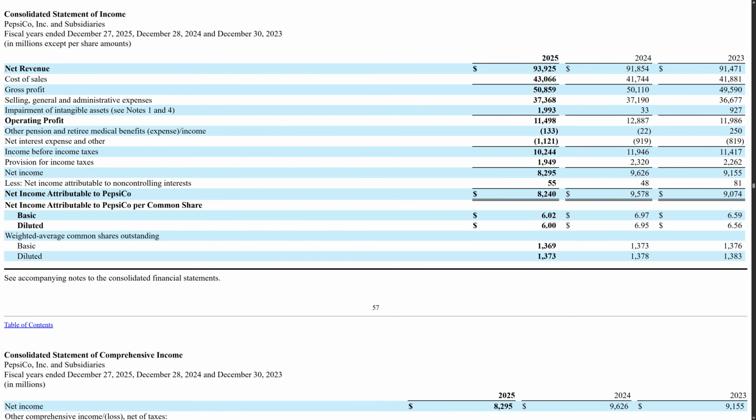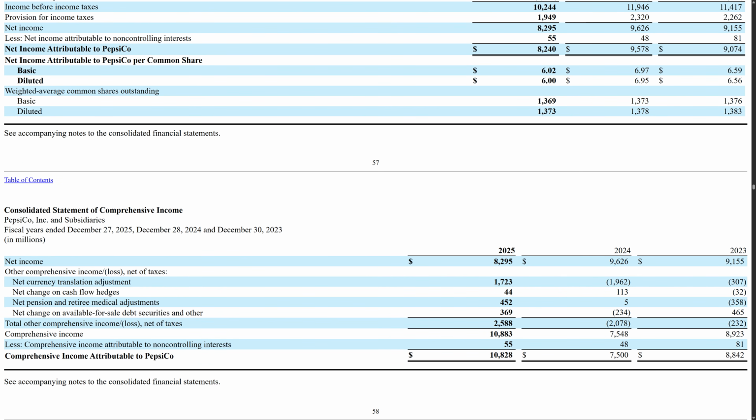And those items will flow directly to a line item within owner's equity on the balance sheet called Accumulated Other Comprehensive Income or Loss. Now, Brightleaf's business is simple enough to not have any of these items, but if we turn back to PepsiCo briefly, you can see here in their most recent 10K, they have their statement of income and below that statement of comprehensive income.